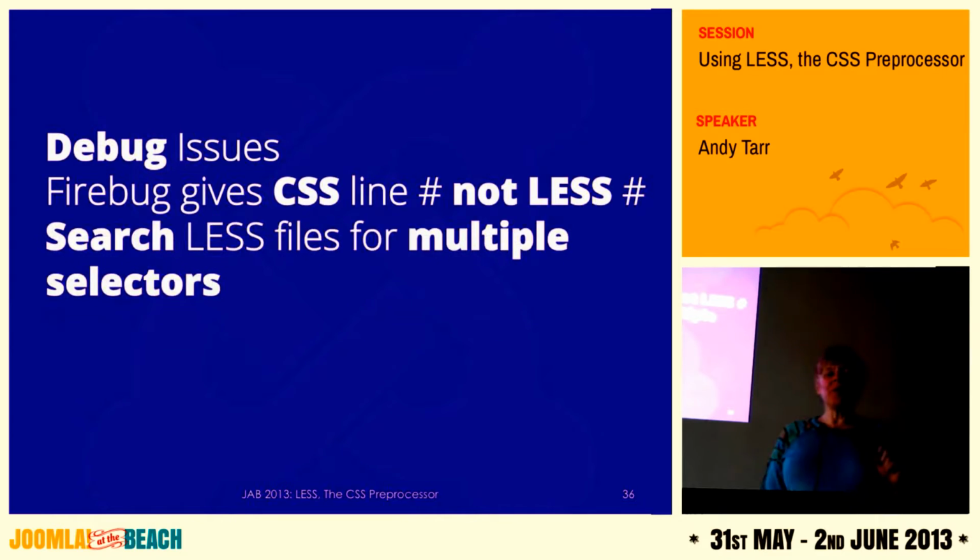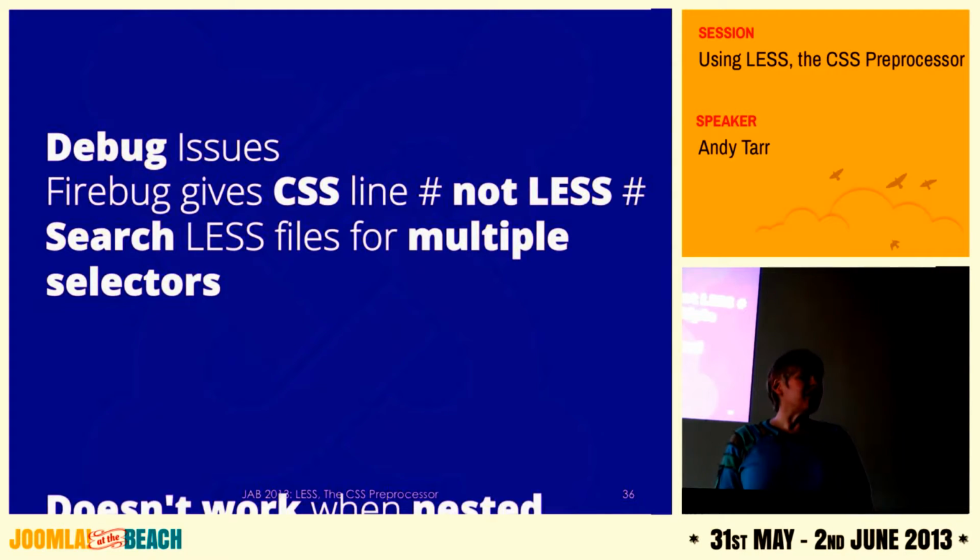One of the ways that you get around that is you can search on whatever the multiple selectors are through your Less files to locate what you need to find. The problem is that doesn't work if it's nested, because you could search on .logo, but you couldn't search on #header .logo. So it makes it more difficult to find things.